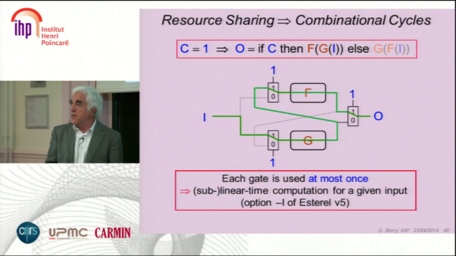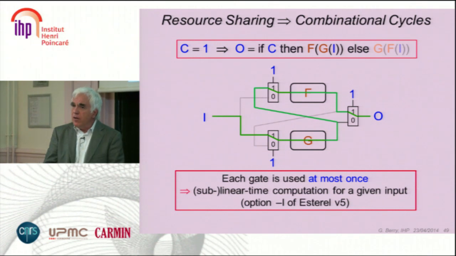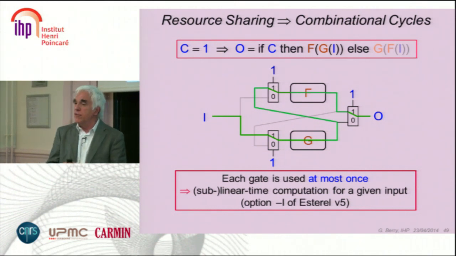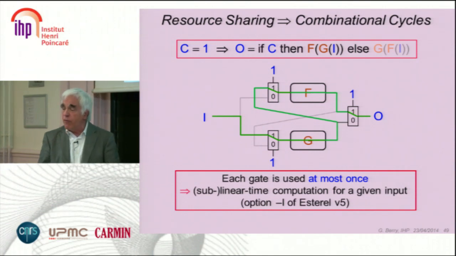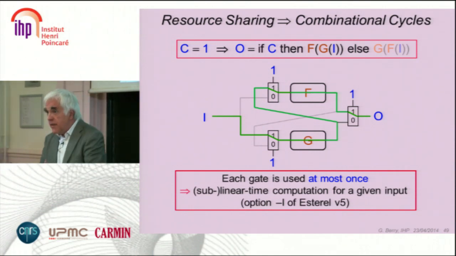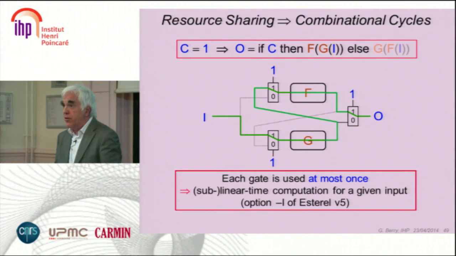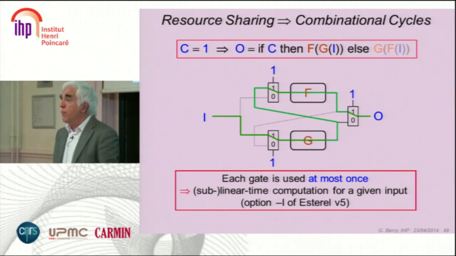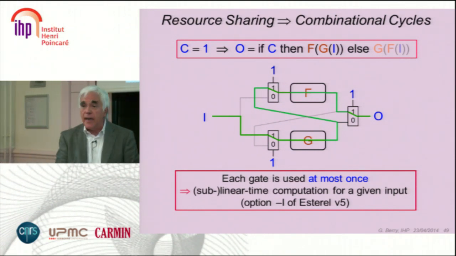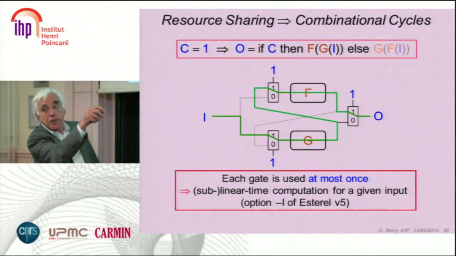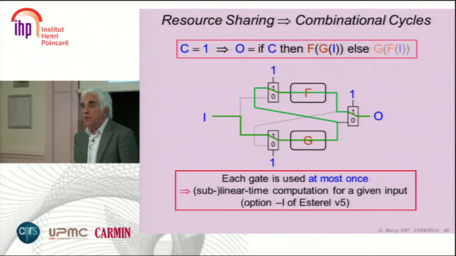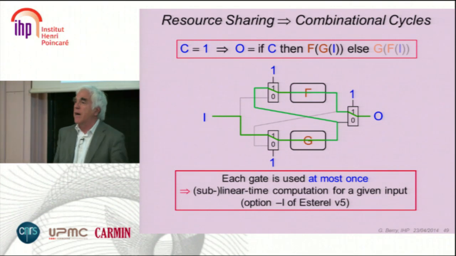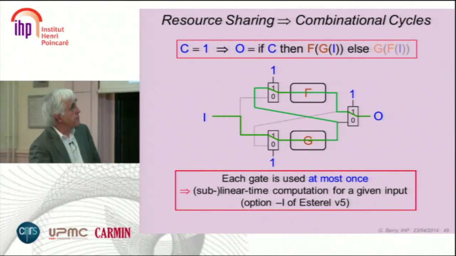Exactly as for an acyclic circuit. There is no difference for the simulator to run a simulation with or without cycle. Because what will happen is that the simulator will never realize that it was among a cycle. It will just explore the proof tree and never care about the fact that there is a possibility of cycle. So the simulation is exactly the same as for a cyclic circuit. That's good.